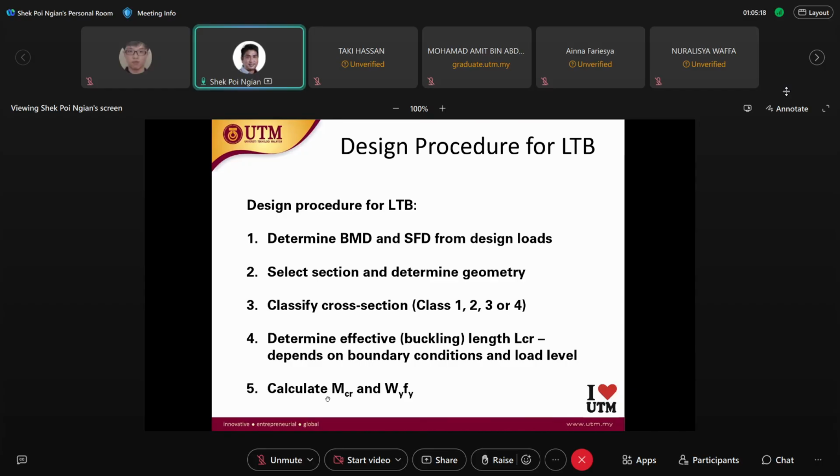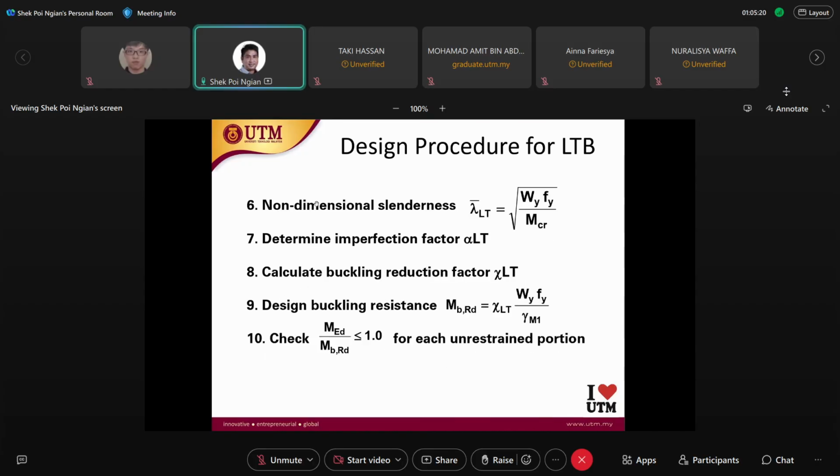MCR. After we get the MCR, we calculate the non-dimensional slenderness, lambda LT bar. And then after we get the non-dimensional slenderness, we calculate phi LT. To get phi LT, we need the imperfection factor, so we choose the buckling curve.